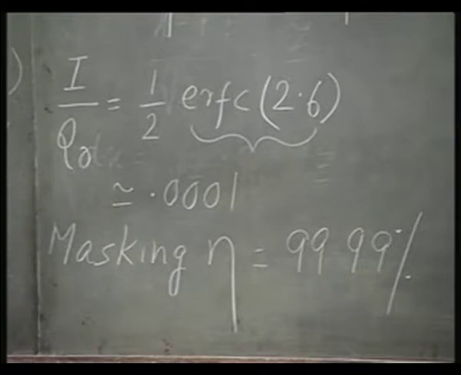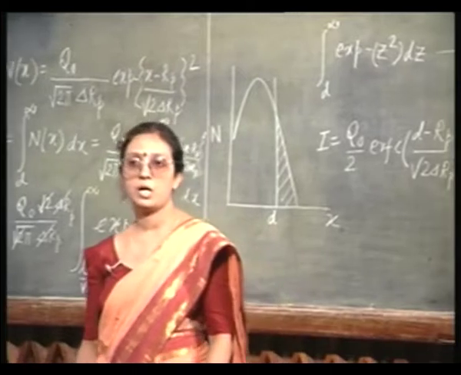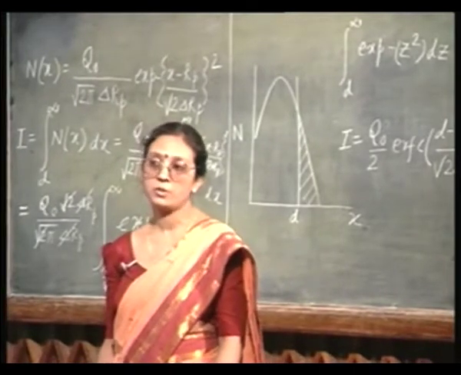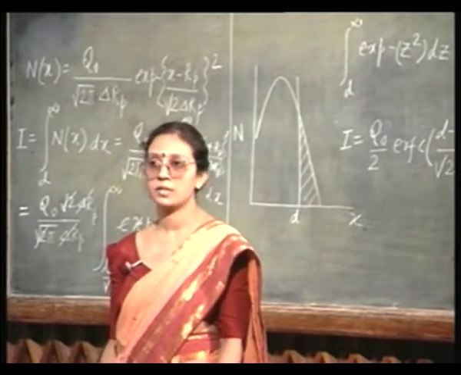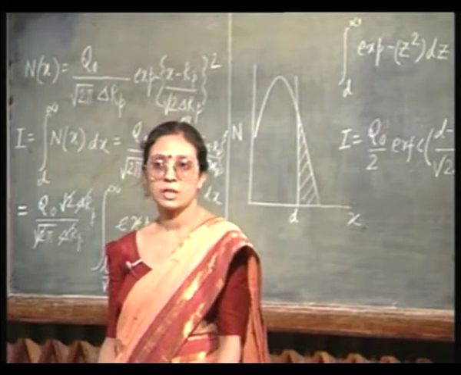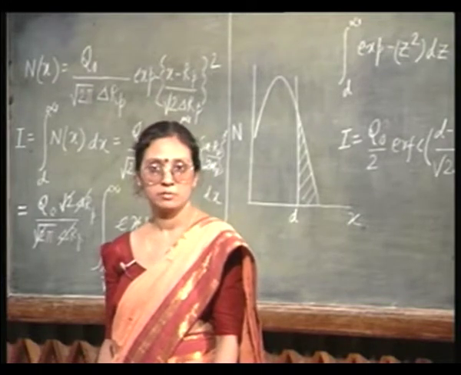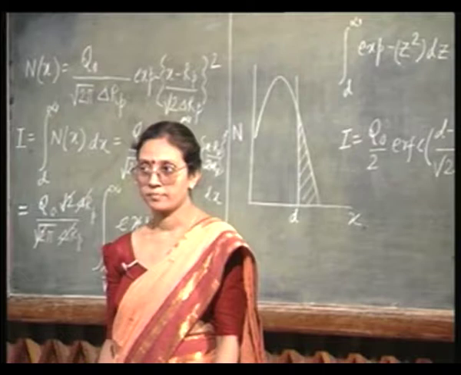Right? So, you see, if you know RP and delta RP, you can always choose a masking layer thickness so that most of the impurity is masked by the layer.